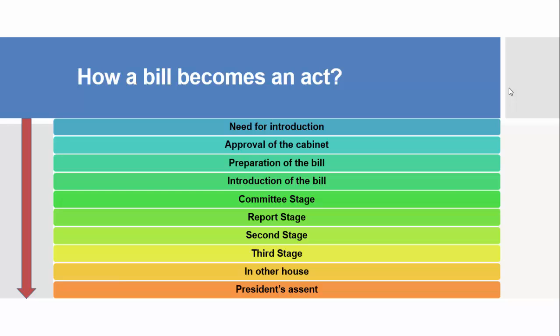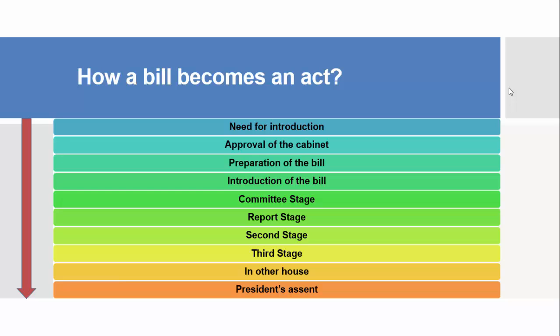After the President's assent, the bill becomes a law. That means when the bill is passed from one house to another house, after that the bill is sent to the President for the assent. When the President gives his assent to the bill, then the bill becomes a law.